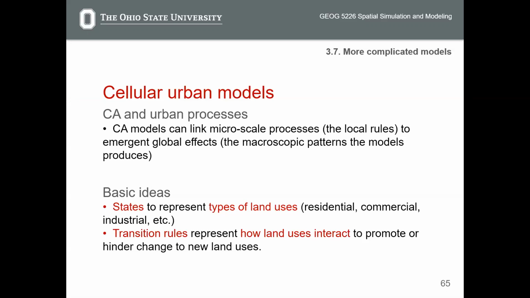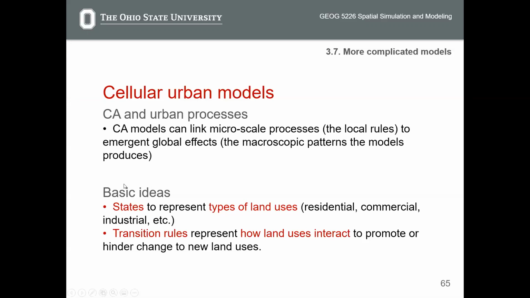We start with the movement of individuals, but eventually we care about the spatial pattern of a specific city or of cities. How do they grow? How do they expand in space?